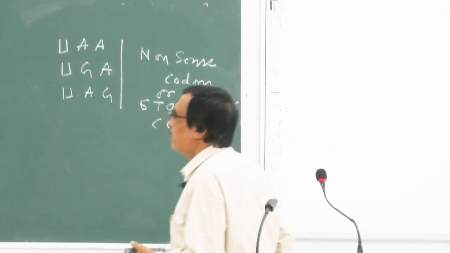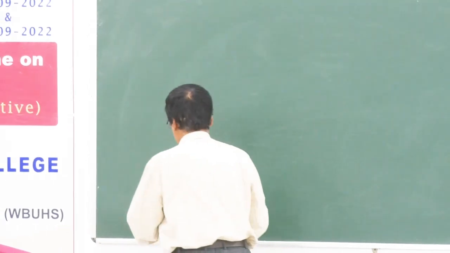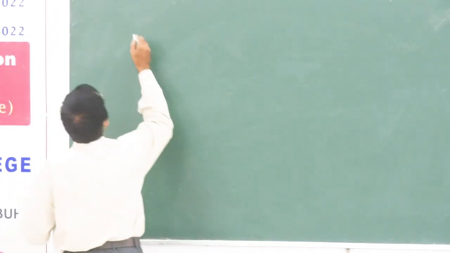Now, how are the 64 codons derived? There are 3 nucleotides.